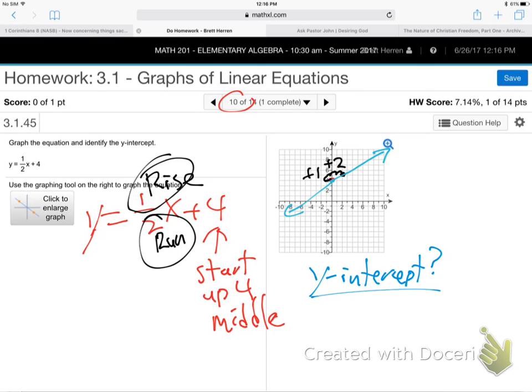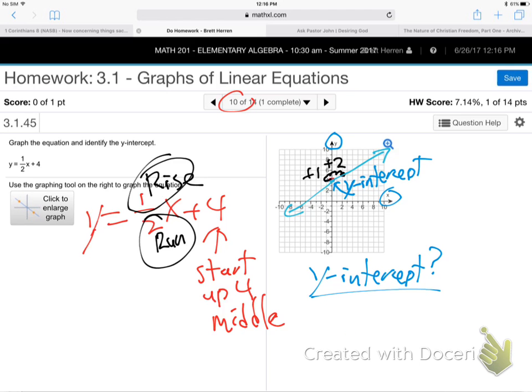Which one's the Y-grid? This is the X, this is the Y. Right? The Y-grid, so in other words, it's that point right there. That is the Y-intercept. It's that point right there. That's the Y-intercept. What's the coordinates of that point?